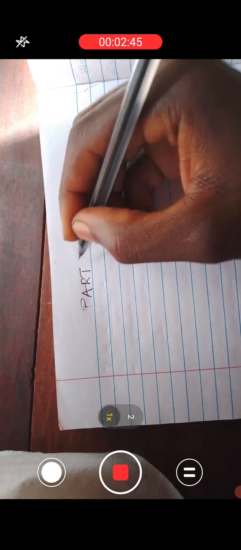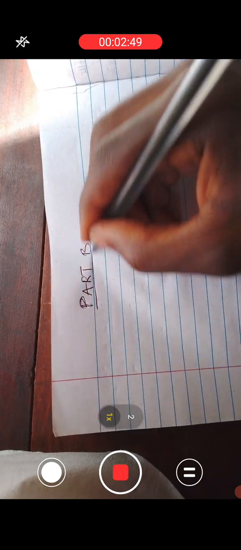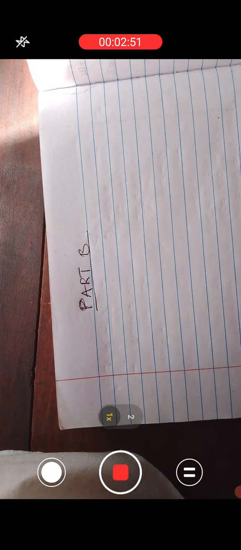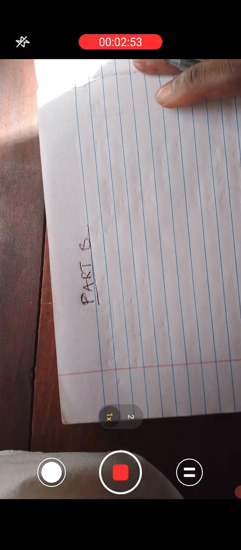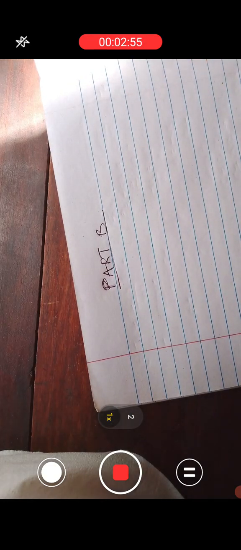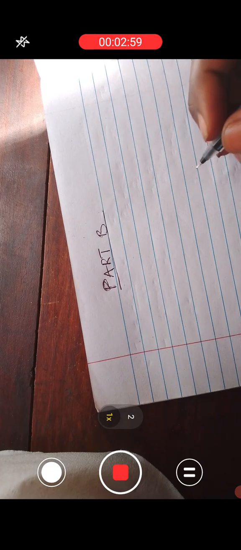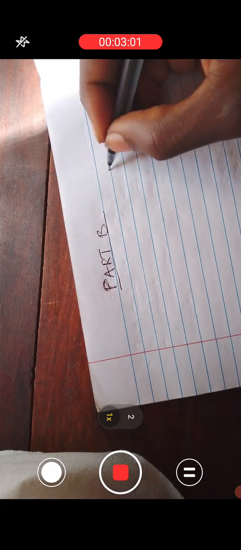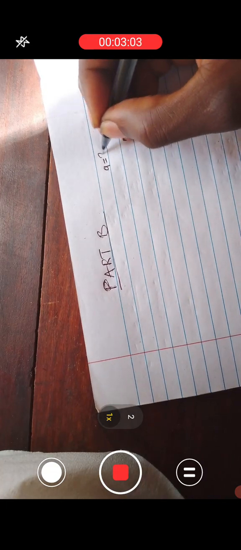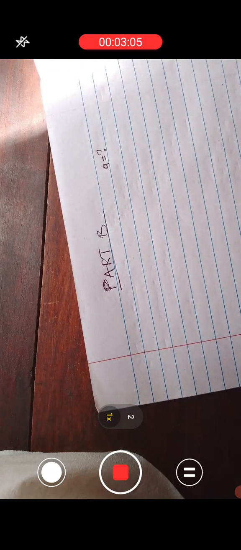So part B. It's also important to number as you are solving, so that the marker knows what it is you are doing. Part B requires us to calculate the acceleration, which we don't know.